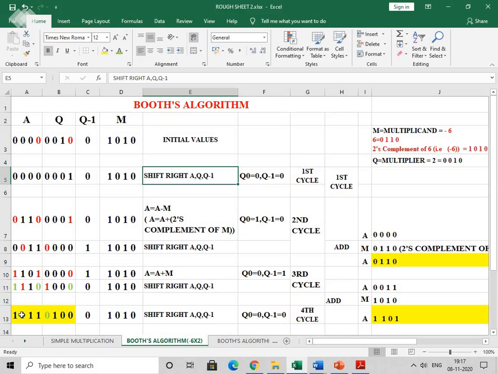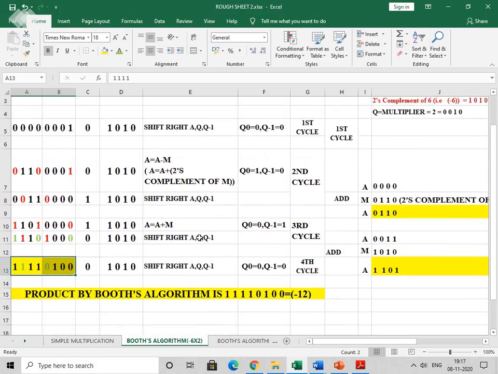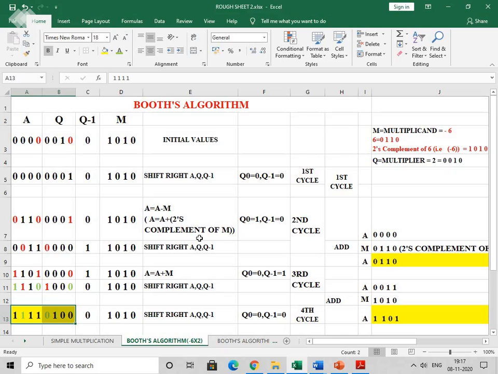Whatever product you get in the A and Q registers, you check whether this number is positive or negative. Since minus 6 into 2, we will get minus 12. Then you convert this binary value into decimal, and you will come to know that our result is correct. I hope you understood this numerical, and thanks a lot.